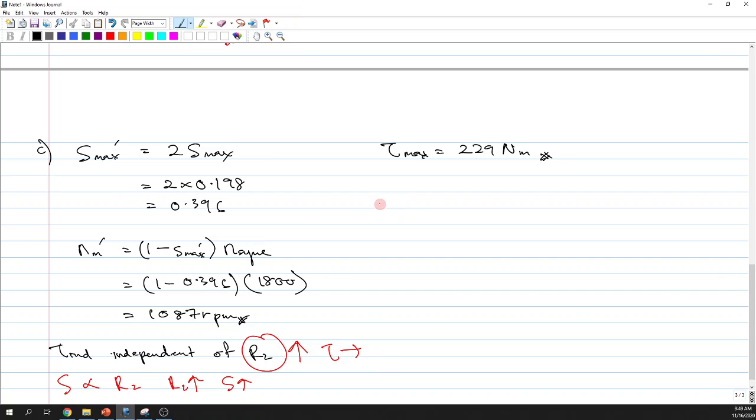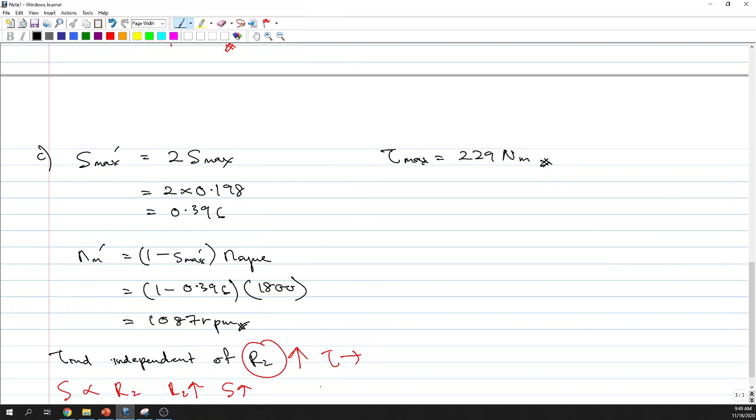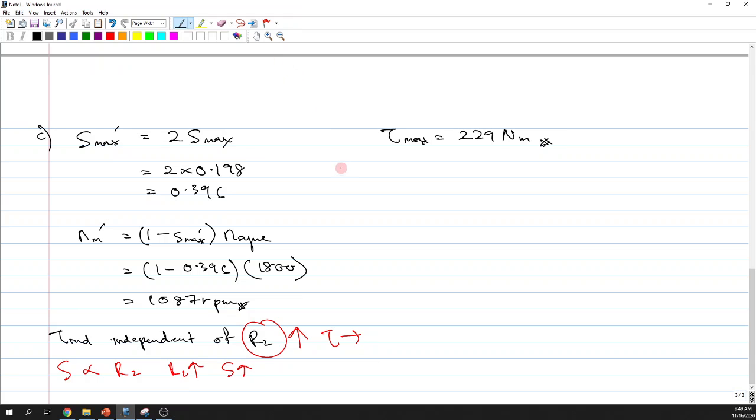Okay, so we rewrite again the starting torque equation.